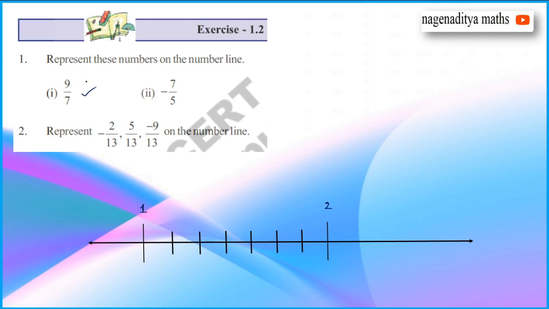Now I am going to write 1 as 7/7, which is nothing but 1, and 2 as 14/7.